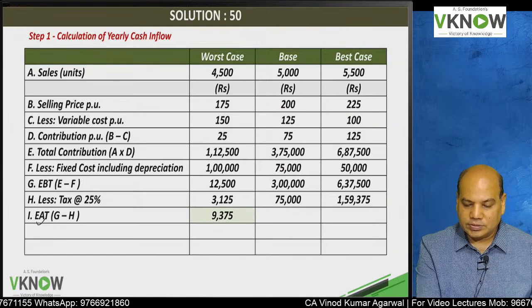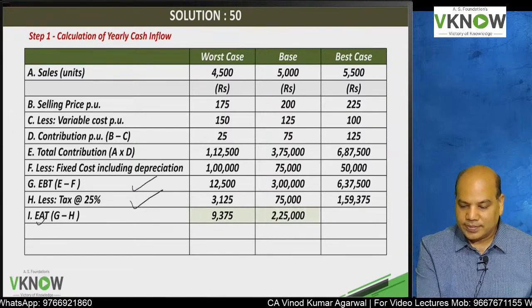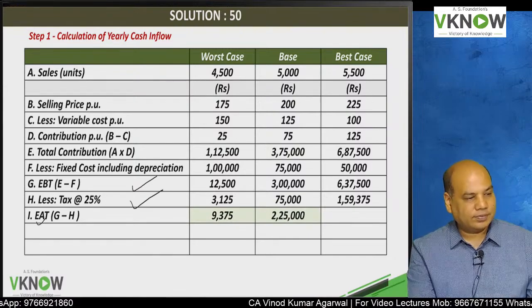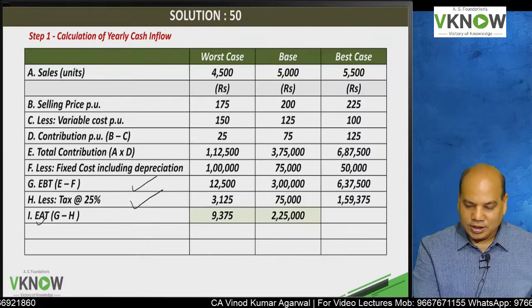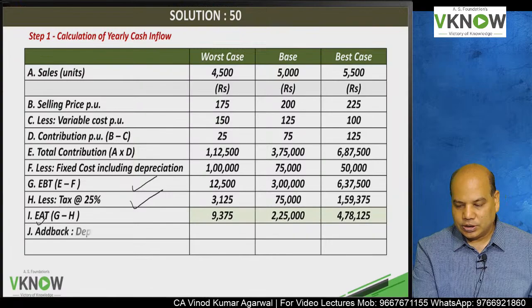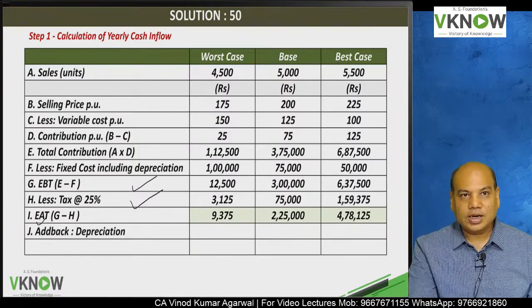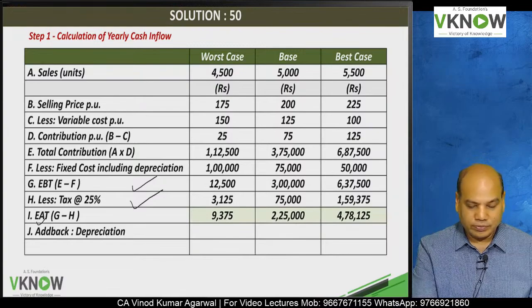Earning after tax, G minus H, come on: 9,375, 2,25,000, and the last one, 478,125.